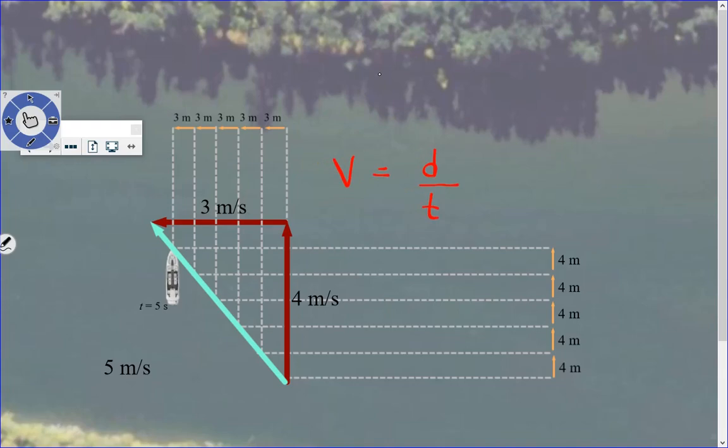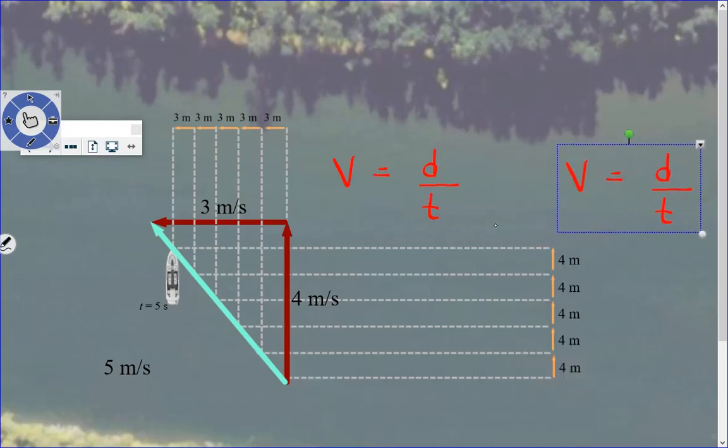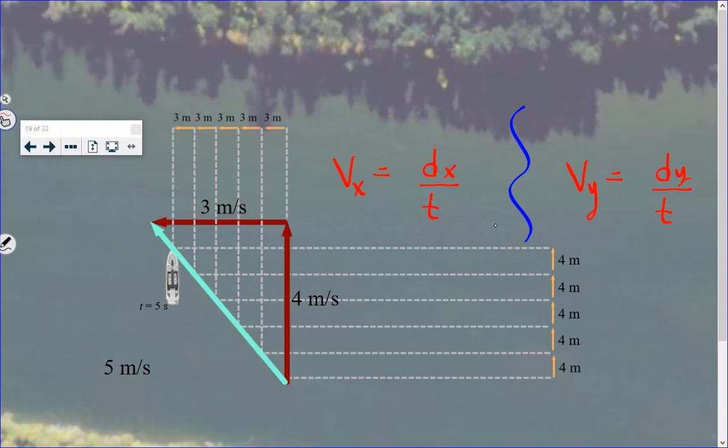And you were allowed to use that speed equals distance over time in your calculations as long as you use a horizontal velocity and a horizontal distance, or a vertical velocity and a vertical distance.